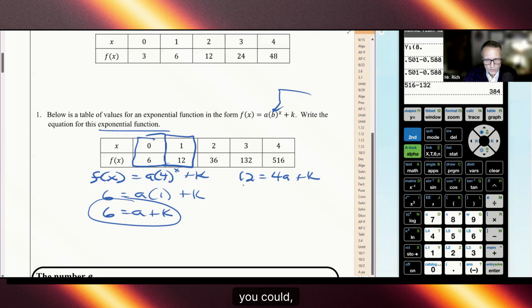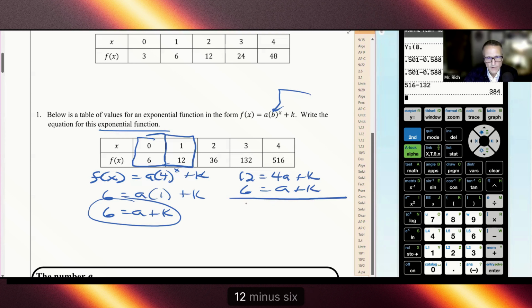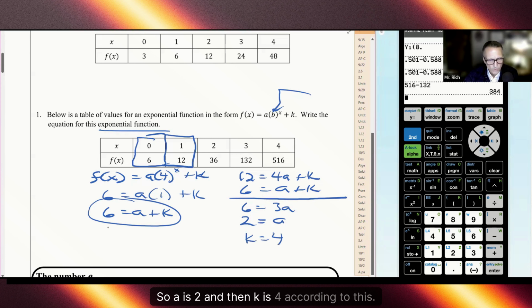Well, you could stack these underneath each other and do an elimination. This is pretty straightforward to do subtraction here. 12 minus 6, 4a minus a, k minus k is 0. Now I know that a is 2. Is that right? That doesn't seem like that was the answer that we got. Maybe I'm thinking of a different problem. So a is 2, and then k is 4, according to this.